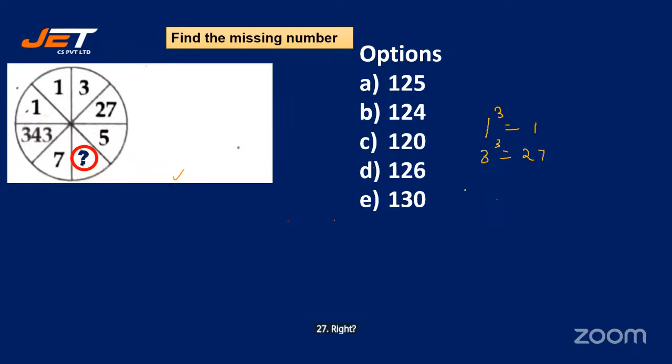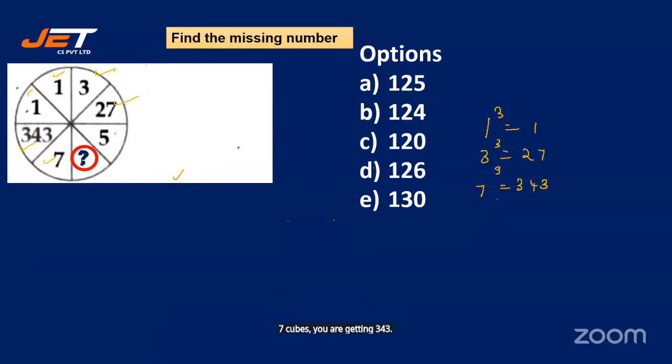So now what is 7 cube? 7 sevens are 49. 49 sevens are 343. Right? So if you do 1 cube, you are getting 1. Okay. If you do 3 cube, you are getting 27. If you do 7 cube, you are getting 343.